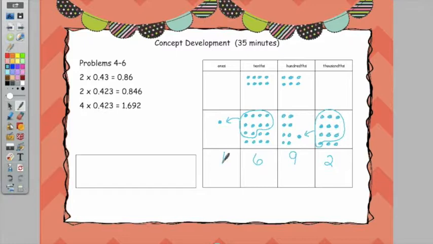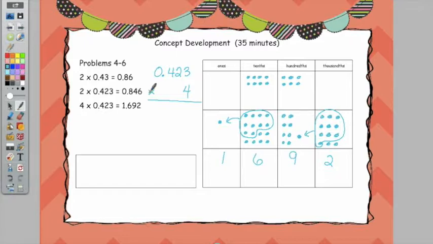Okay, now I want to show you the standard algorithm. Make sense so far? Yes. Okay, if I write this using the standard algorithm, do you have room somewhere on your paper to write it? Okay, here's the standard algorithm. Now I'm sort of relating this to something you already know because I know you did that in 4th grade.